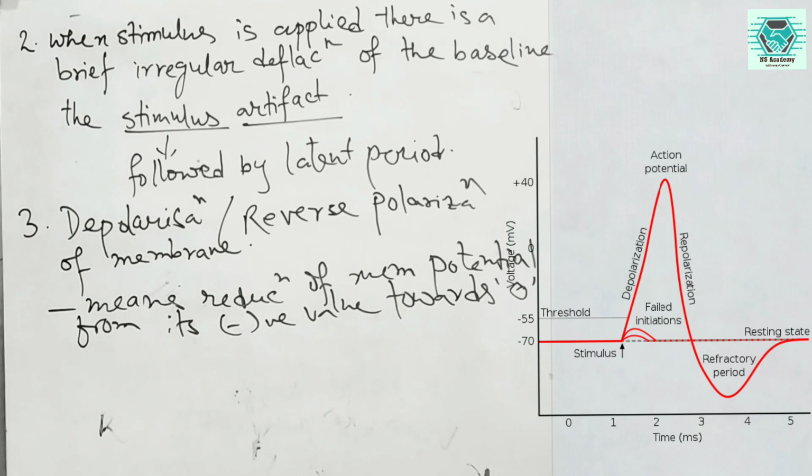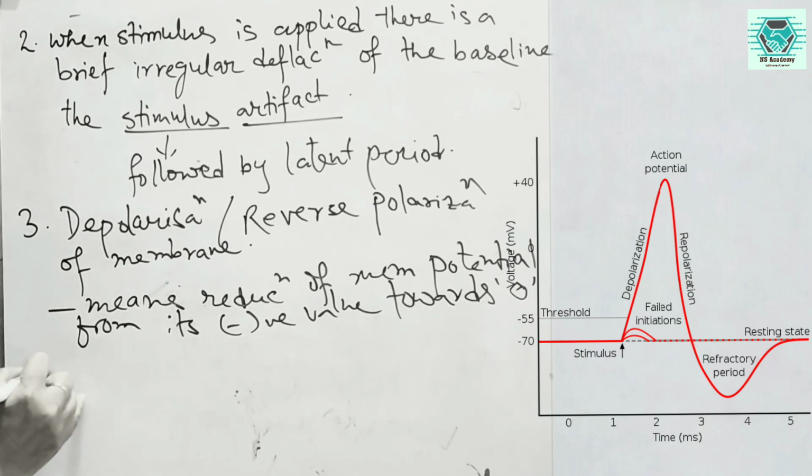So after the depolarization stage, after an initial 15 millivolt of depolarization, so from minus 70, when it goes to minus 60 and then minus 55, that is the initial 15 millivolt of depolarization, the rate of depolarization increases.